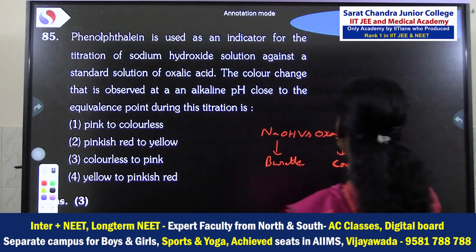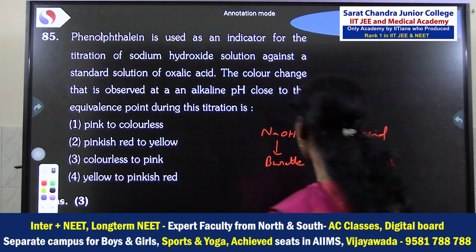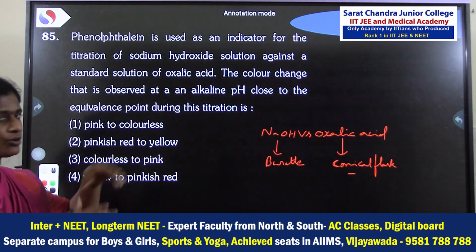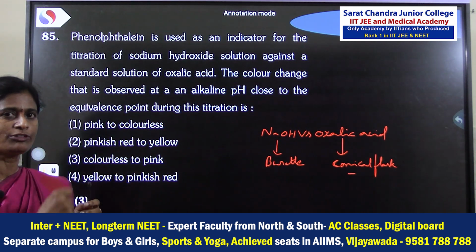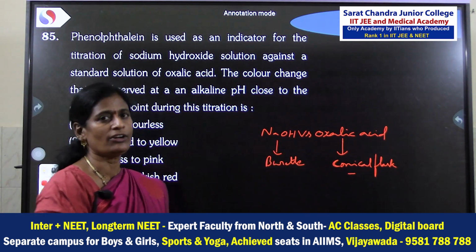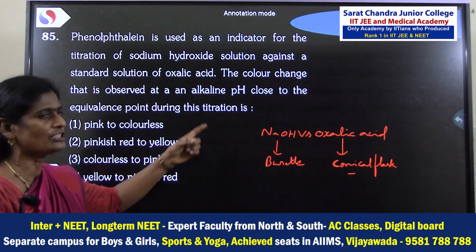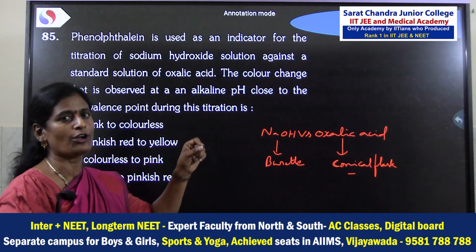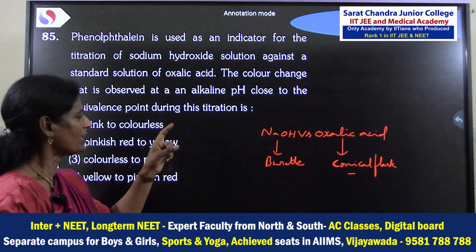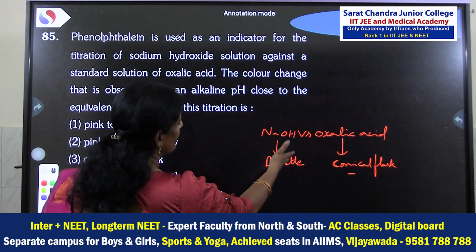So when phenolphthalein indicator is added to the oxalic acid solution, phenolphthalein is colorless in acidic medium. Slowly NaOH solution is run down from the burette. Then the reaction starts between NaOH and oxalic acid. When all the oxalic acid is neutralized by NaOH, the last drop of NaOH that falls in the conical flask creates a basic medium.